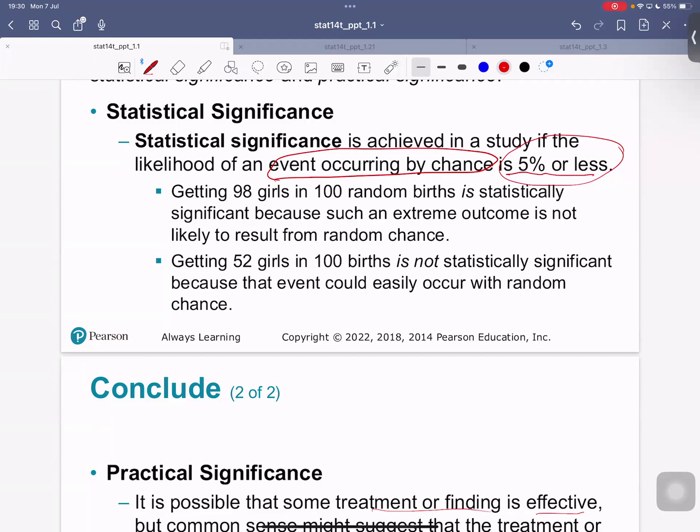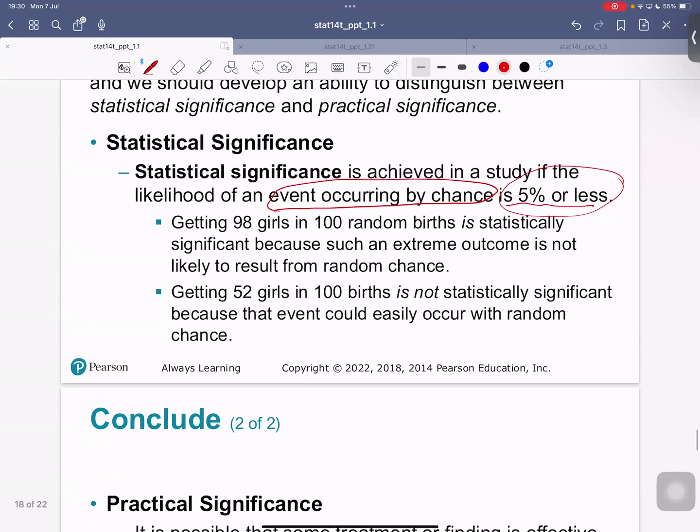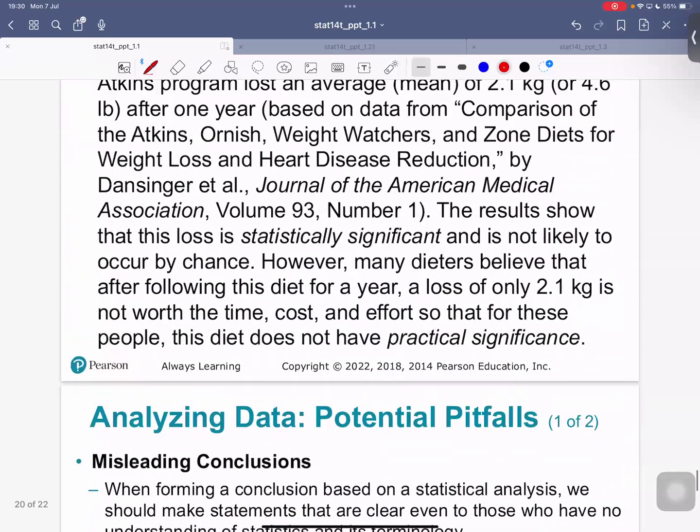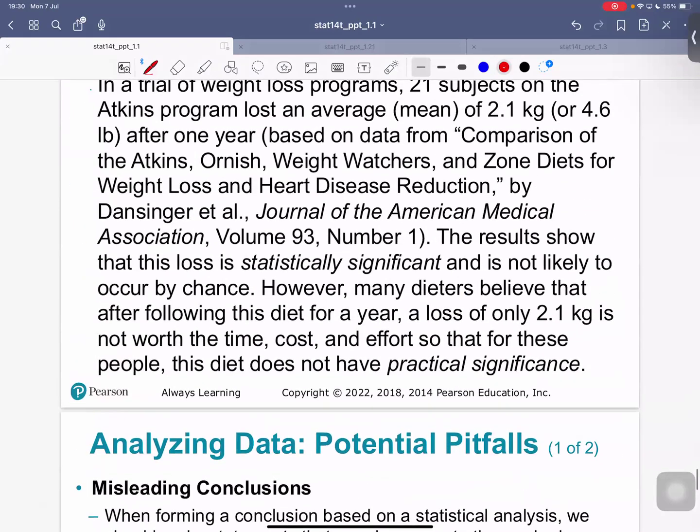So they are calculating the number in this definition. I'm going to say the definition satisfies the example like this. It's called statistical significance because it is achieved in a study if the likelihood of this event occurring by chance is, in this case, 0%. That's why it satisfies the definition, because they mentioned it here.